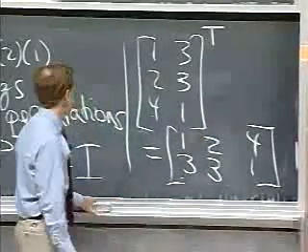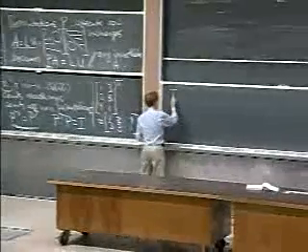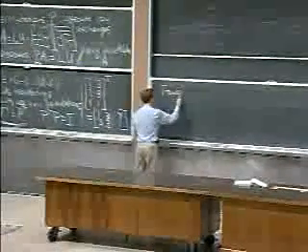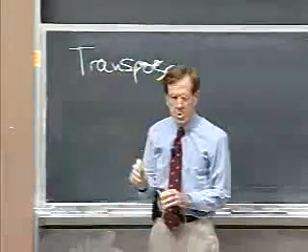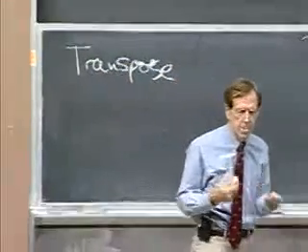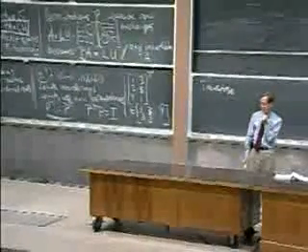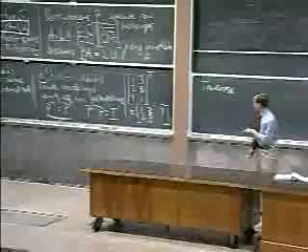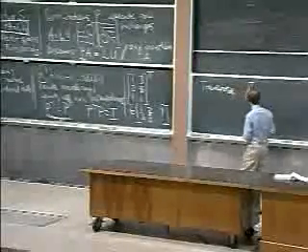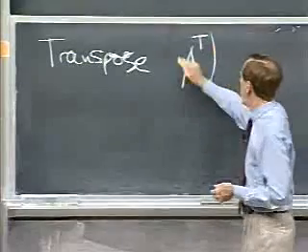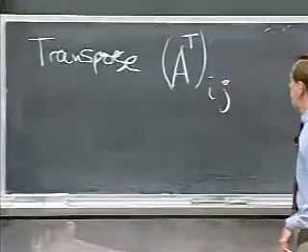Oh, what's the general formula for the transpose? You see it in numbers. What I'm going to write is the same thing in symbols. The numbers are the clearest, of course. But in symbols, if I take A transpose and I ask what number is in row I and column J of A transpose?